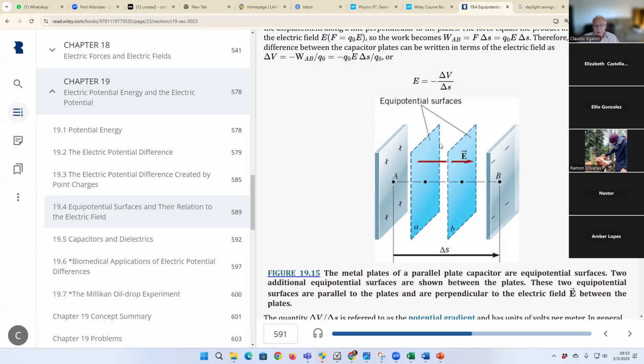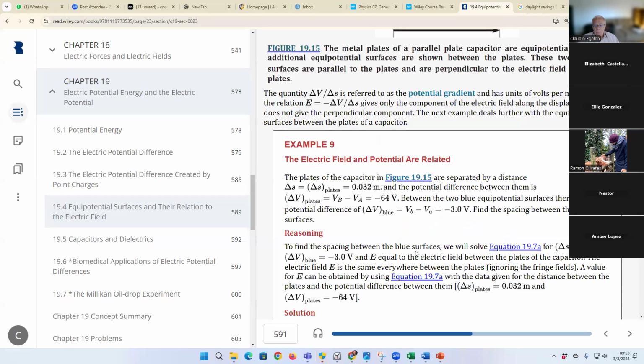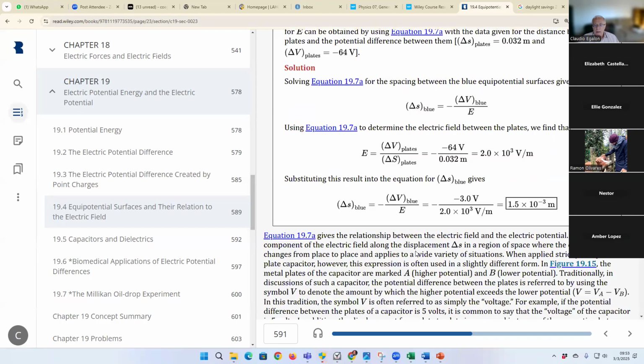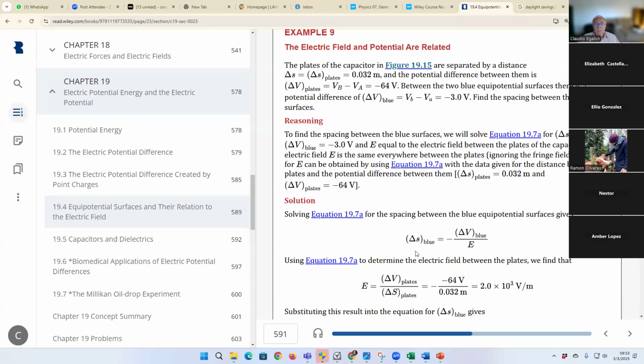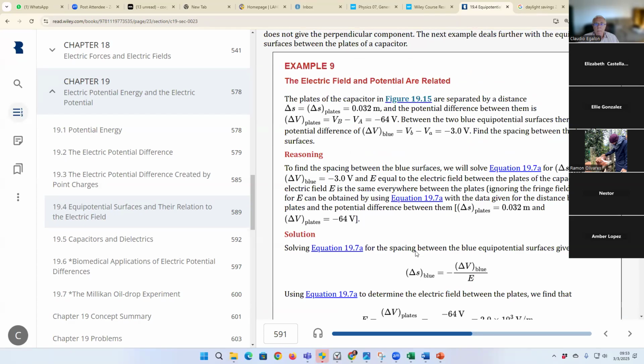The equipotential surfaces are parallel to those two plates, and the electric field is going to be uniform, pointing from left to right in the horizontal direction. The electric field and potential are related.